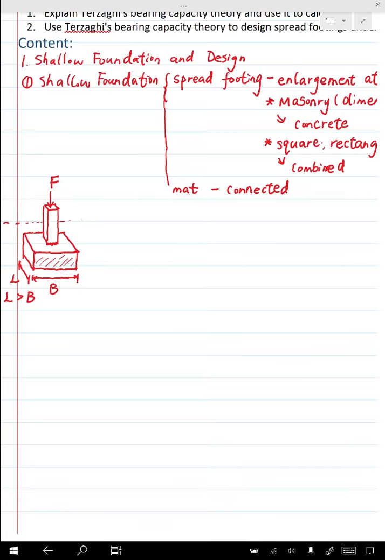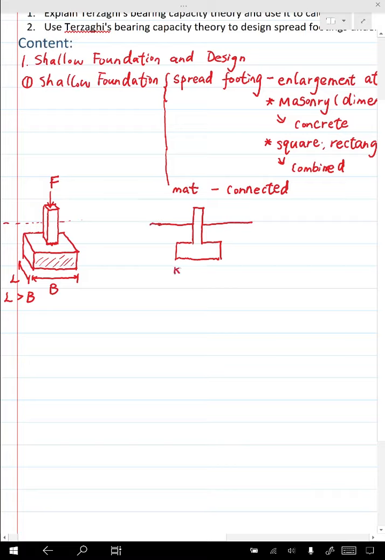So to better show this, we usually draw the cross section of this 3D spread footing in a 2D way. So we have the column and the spread footing, and the ground surface is here.